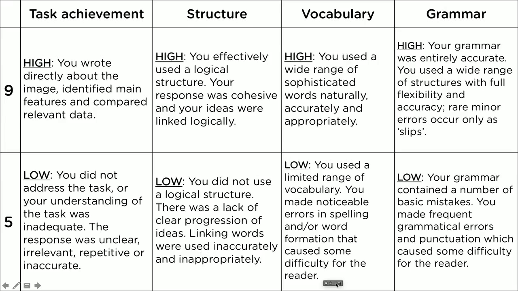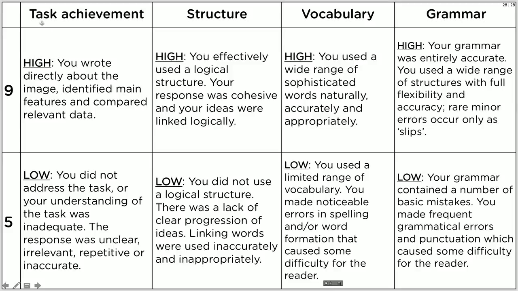So how are you scored on IELTS Academic Writing Task 1? Task achievement: you wrote directly about the image, you identified main features, that's the first paragraph, you compared relevant data, that's paragraph 3.